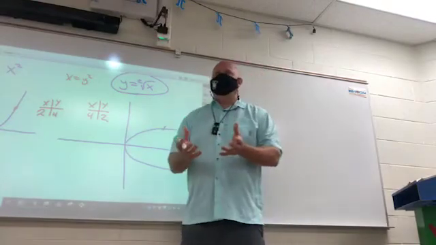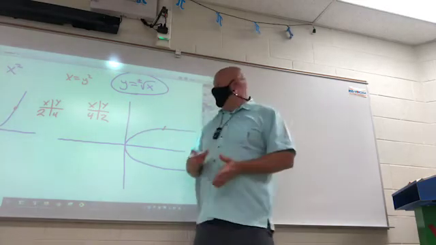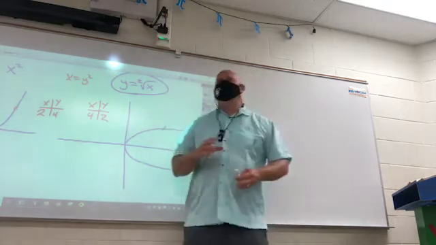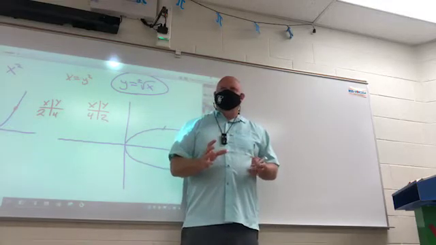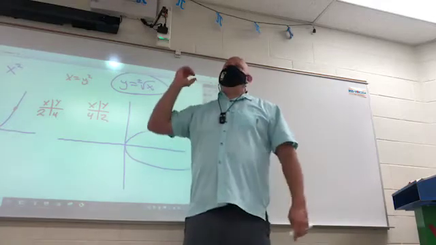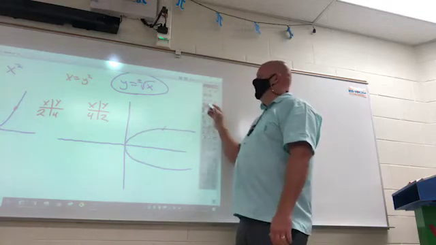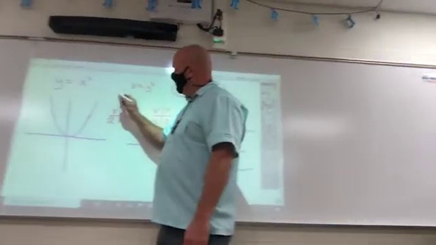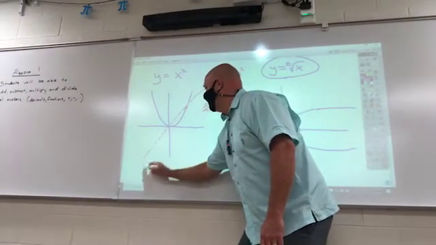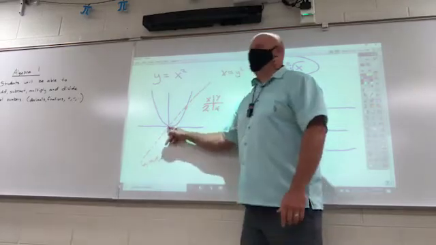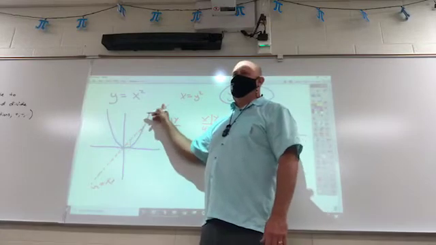I kind of didn't draw my graph proportionally, but it works. So it's not going to be a rotation, right? What actually happens with every single inverse function graph is if you draw the line y equals x, which has a y-intercept of 0, has a slope of 1, and goes to the point (1, 1), (2, 2), (3, 3), (4, 4), (5, 5), right?